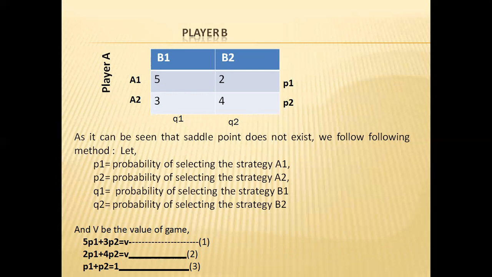For the first constraint, 5P1 plus 3P2 is equal to V, and simultaneously for A2, 2P1 plus 4P2 is equal to V, and assuming P1 plus P2 is equal to unity.